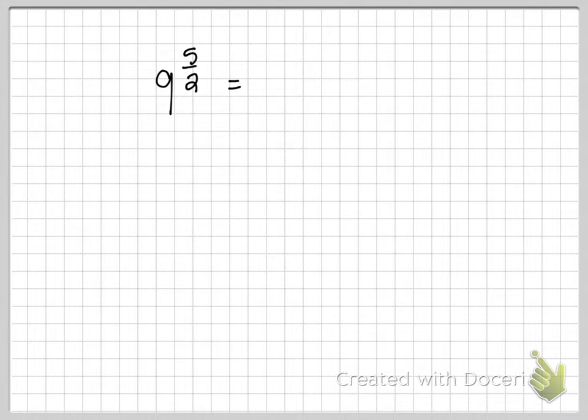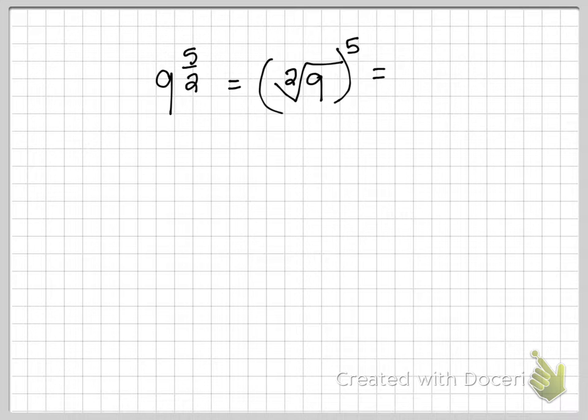Try this, and we're going to do a few of these so that you're really comfortable with it by the time you leave, so that when you go to do your homework, you feel confident in this. What is this? Tell me what it turns into. I'm going to have you go even more baby steps. The square root of 9, right? Because that 2 becomes the index, to the 5th.